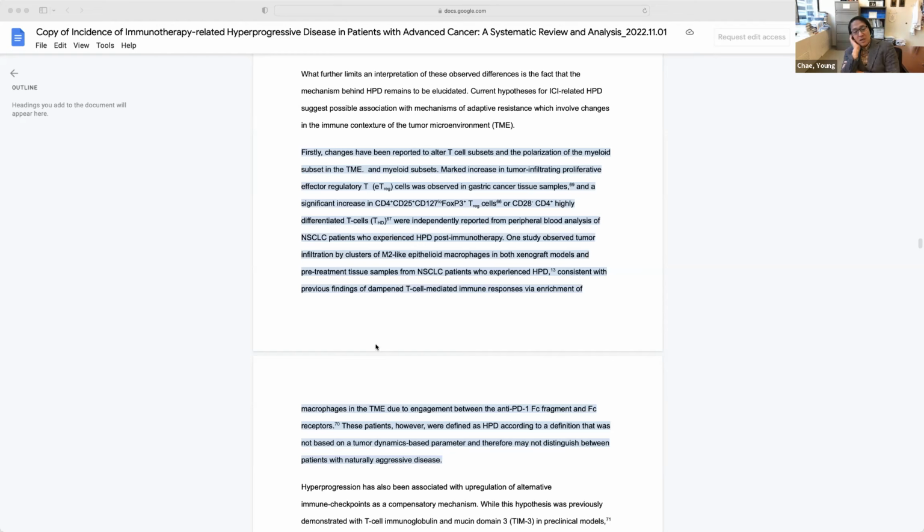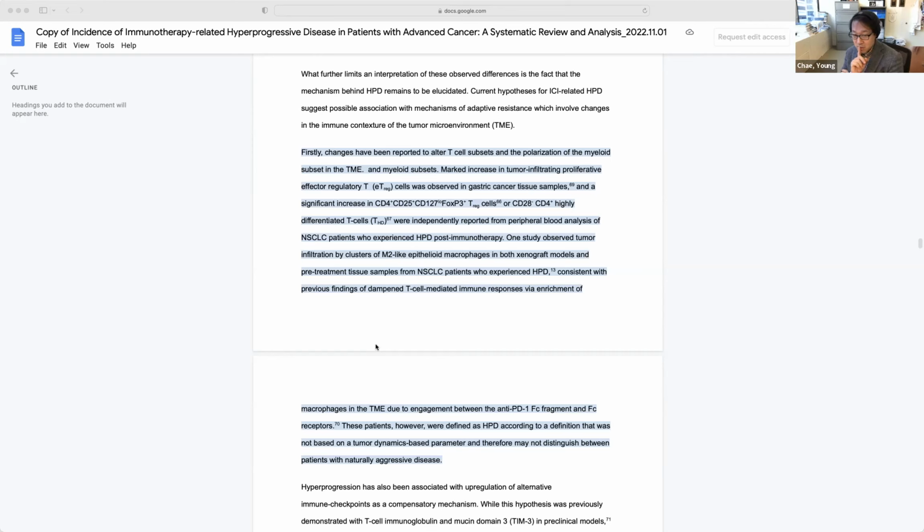So I guess the reason you're using this is to say, well, this may explain the mechanistic rationale behind hyperprogression, and then you're sort of self-criticizing that, well, they didn't use the right definition, so it's hard to say whether they're just aggressive tumor or hyperprogression. One thing I didn't mention is that this study of observing macrophages in patients was not included in our meta-analysis.